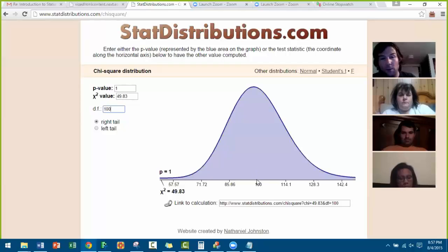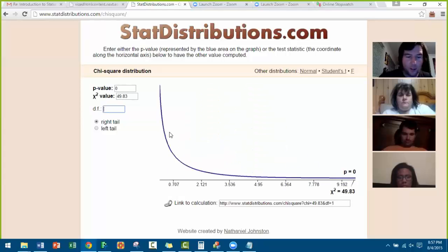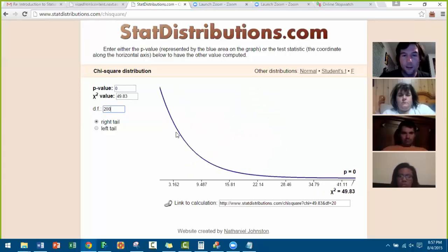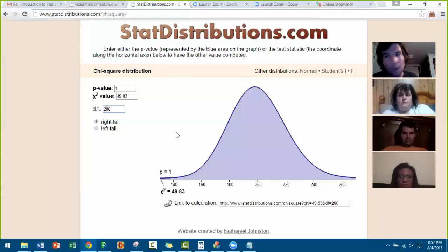The center of it will be the degrees of freedom. So that becomes more and more true. If I put it to like 300, it'll be even more normal. And it apparently can't display that. Probably only displays up to 200 or something. But you don't need to know that.